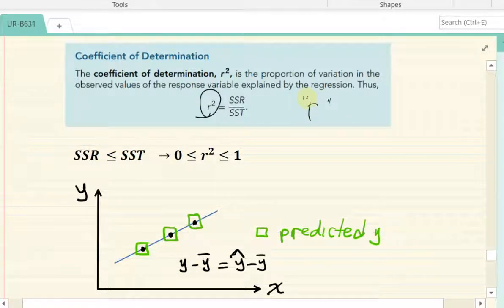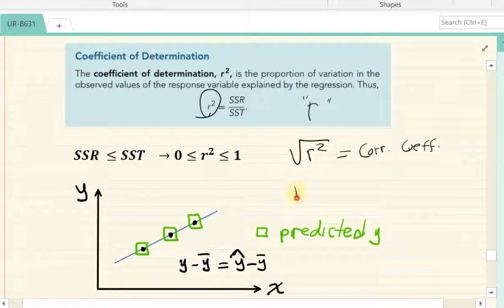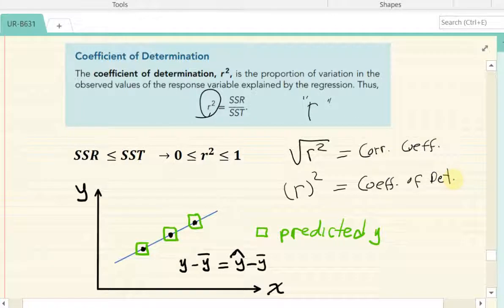The answer is yes. If you take the square root of R squared, you get the correlation coefficient. And if you take R and square it, then it becomes the coefficient of determination. So that's how they are related.